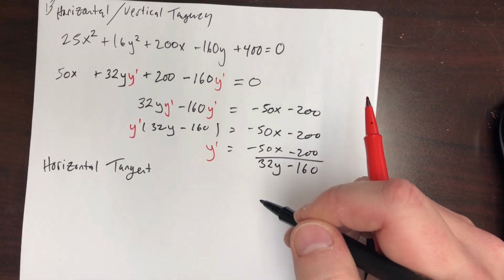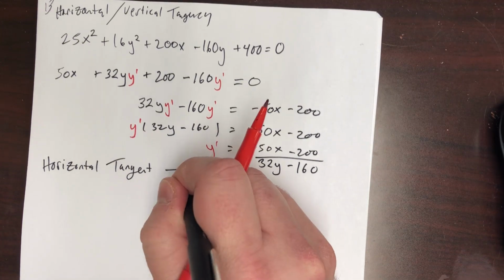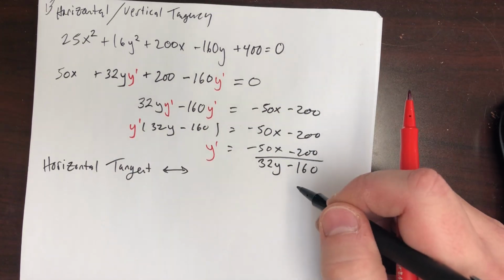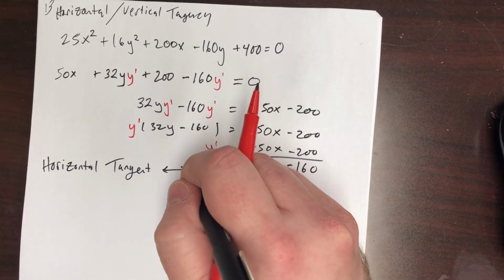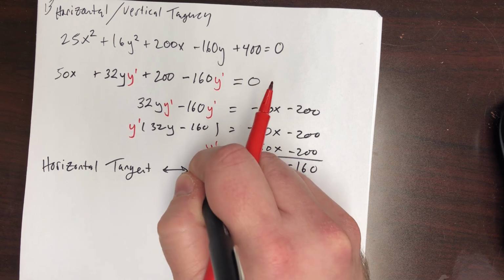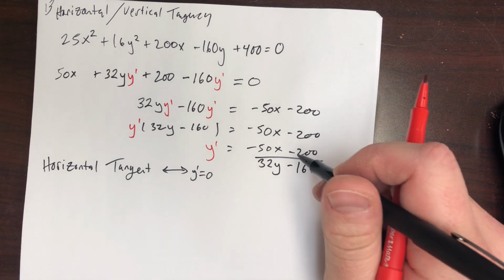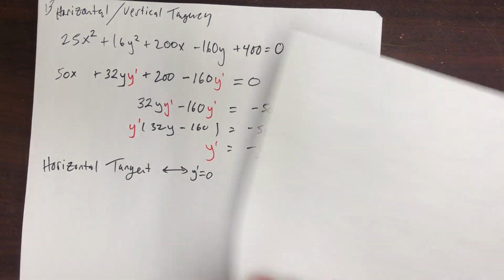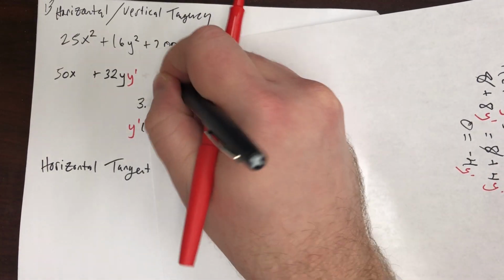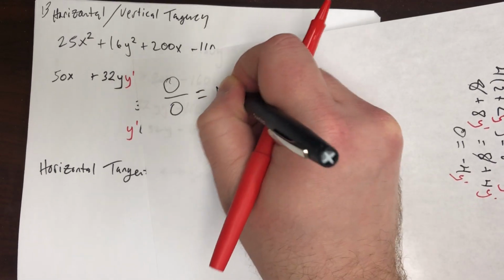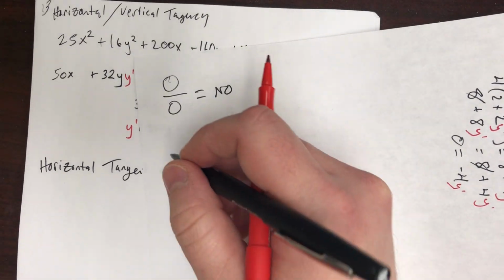Okay, so a horizontal tangent. Think about it. Horizontal goes this way. What's the slope of a line that goes that way? 0. This means y prime is equal to 0. How do I get a fraction to be 0? Let's think about this. What's 0 over 0? No, right? That's undefined.